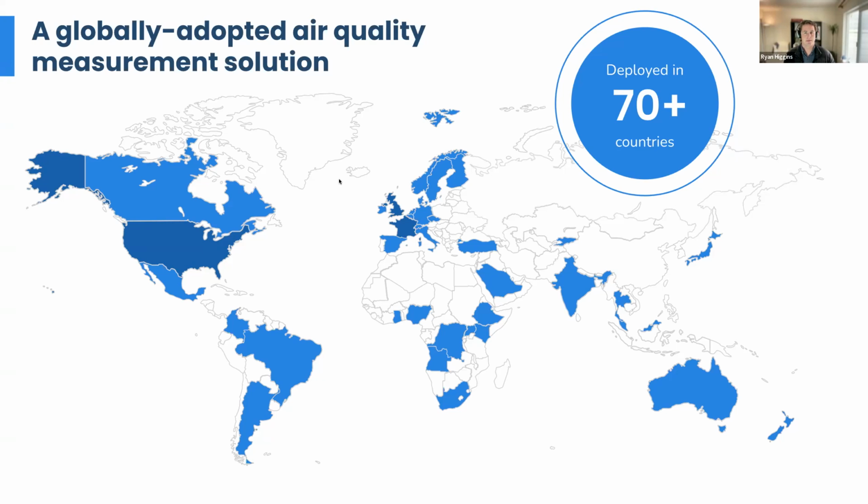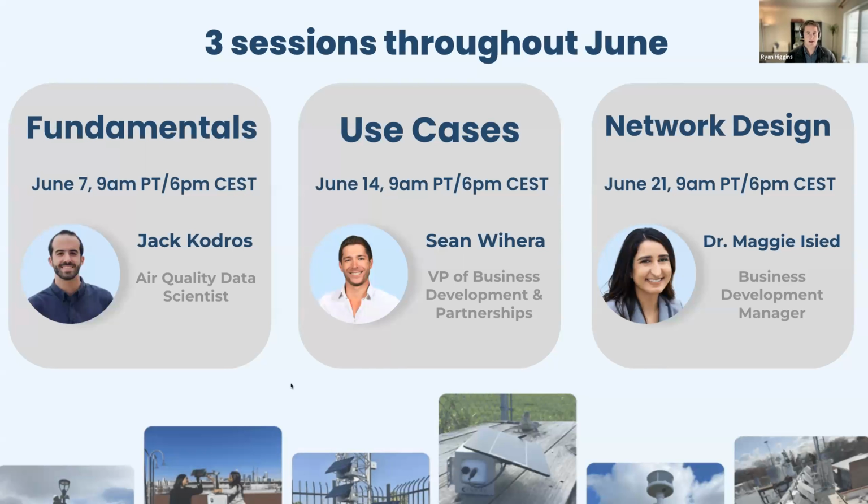If we go to the next slide, please, Jack. Just a reminder, this is the first of 3 sessions that we'll be holding throughout June, and we've structured these in a way that we think will help bring you from the fundamentals of air sensors, what is the technology, how to use it, to what are some of the use cases that we've seen people using sensors for around the world, and then finally network design, so the actual implementation of air quality sensors.